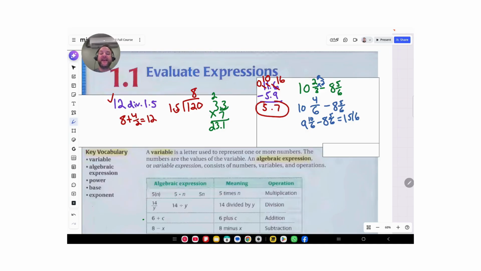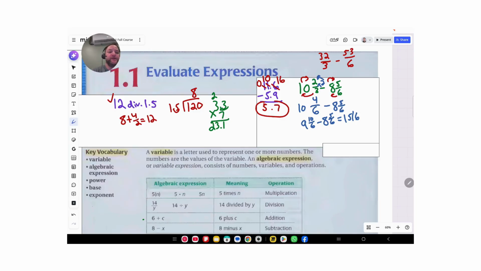Also, we can change these into improper fractions. For example, 3 times 10 is 30 plus 2 is 32. 8 times 6 is 48 plus 5 is 53. That's how we get to our improper fractions.